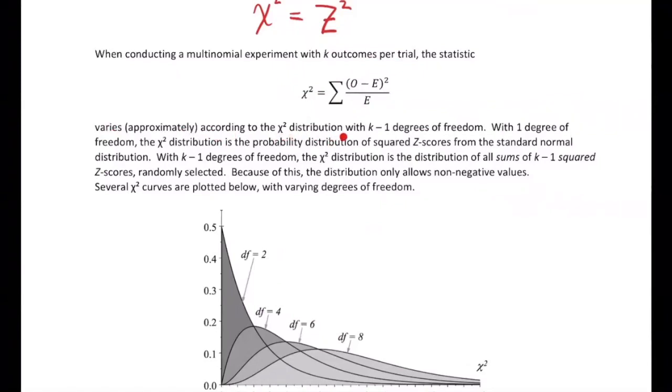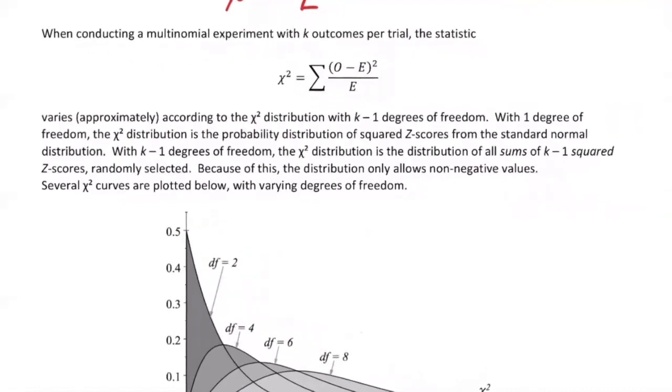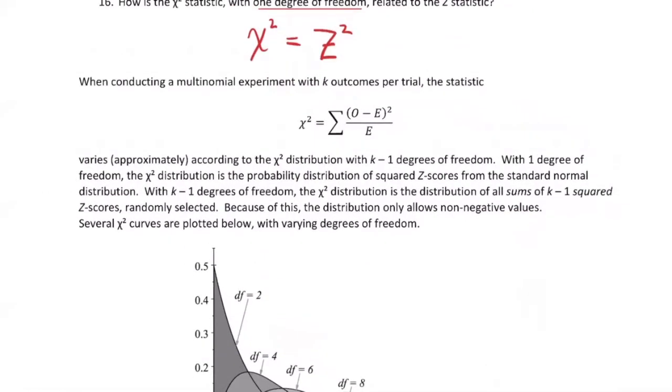It's also approximate. Chi-square distribution is actually a more complicated distribution, not actually developed for multinomial experiments. It's actually for a continuous quantitative variable, but it's just a different discussion.